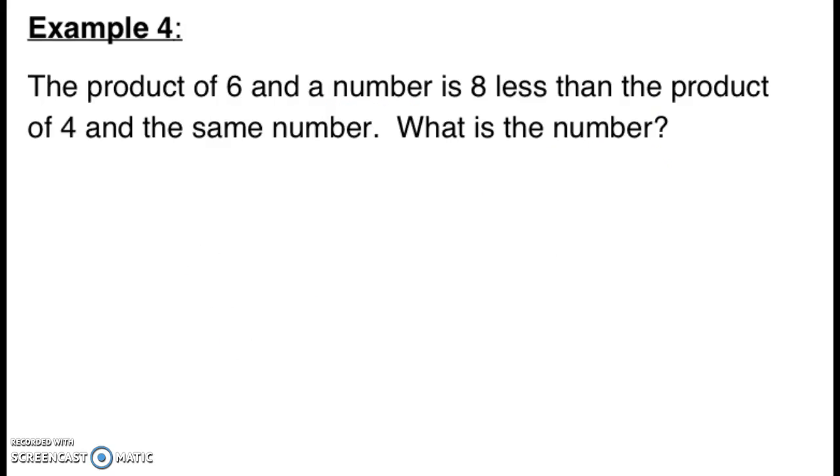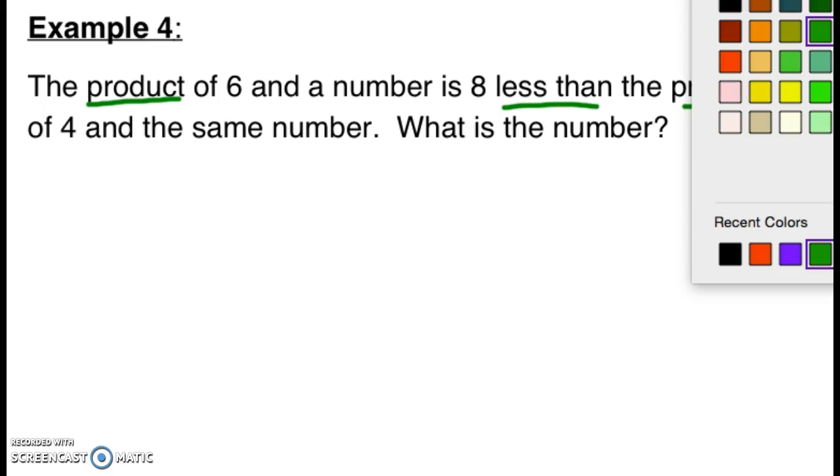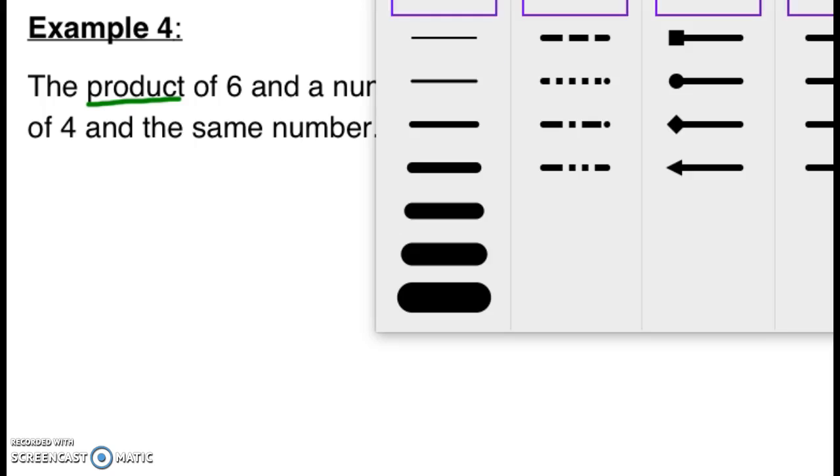All right, one last one. Whew. The product of 6 and a number, so product, okay, that means multiply, is 8 less than the product of 4 and the same number. Okay, what is the number? Less than, product, all these key words here that I'm dealing with. So product means multiply.